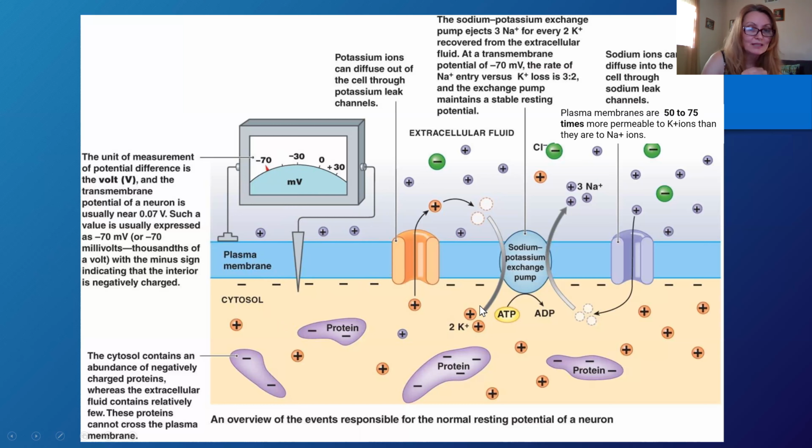So, salty banana and little battery. And this is possible because of the sodium-potassium pump, because of the leakage channels, and because you have way more potassium leakage channels than sodium leakage channels.